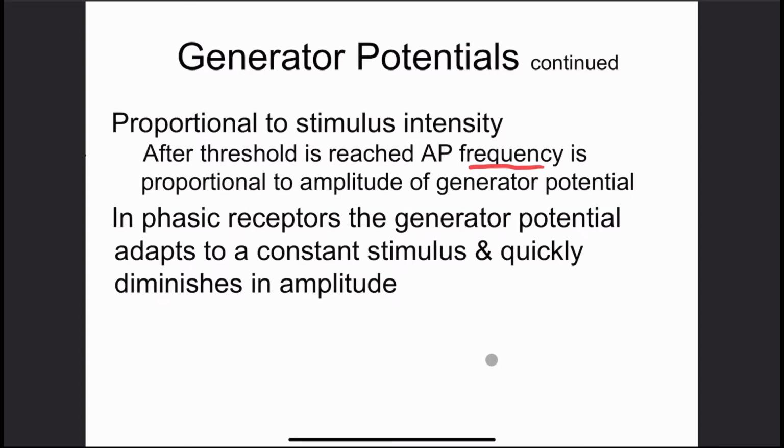So in phasic receptors, the generator potential adapts to a constant stimulus and quickly diminishes in amplitude. So again, these are the fast adapting types here. They are going to quickly adapt and diminish if there is a constant stimulus. So smell is an example.